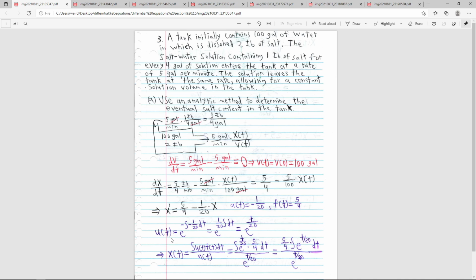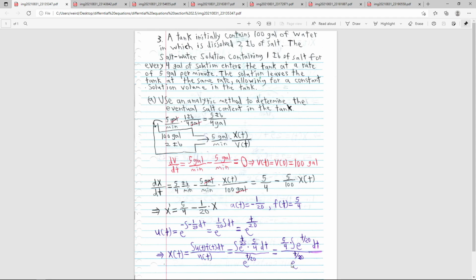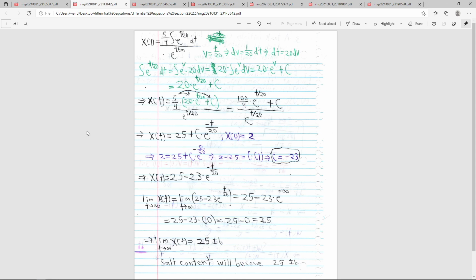It's very quick to integrate: it's e to the t divided by 20. We have to integrate that next, and easy enough. Since we've done this before, just a quick u substitution method.